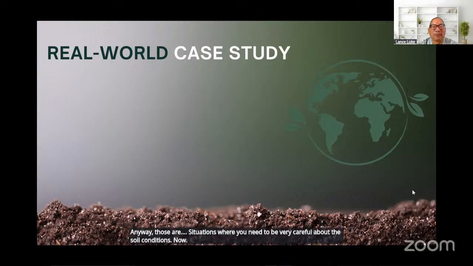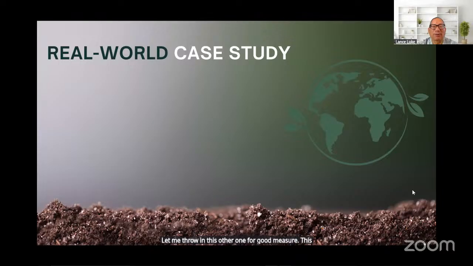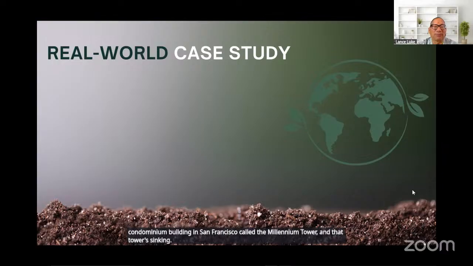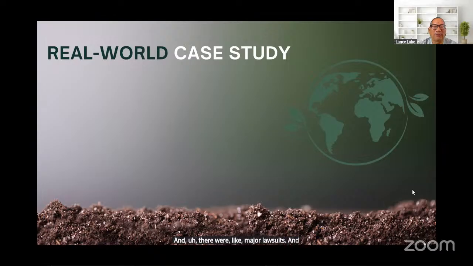Now, let me throw in this other one for good measure. There's a high-rise condominium building in San Francisco called the Millennium Tower, and that tower is sinking. And there were major lawsuits. The location is the financial district of San Francisco, but if you look on the map, San Francisco is surrounded by water right at the coast area.